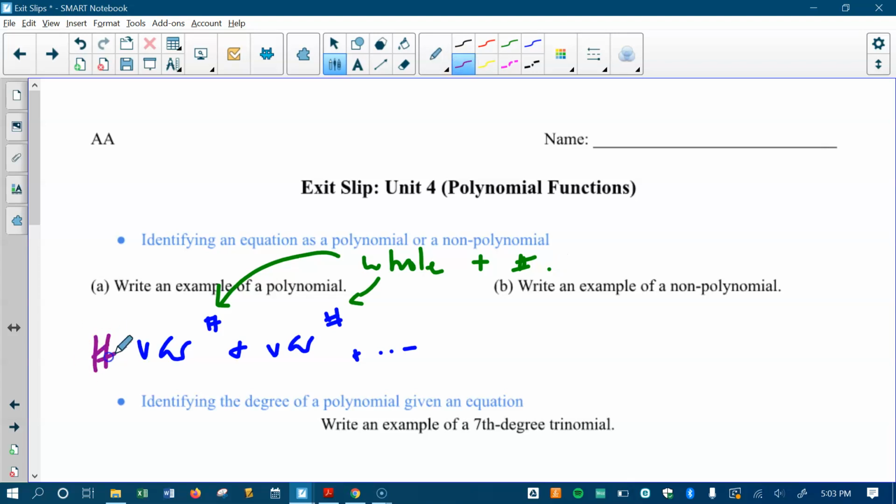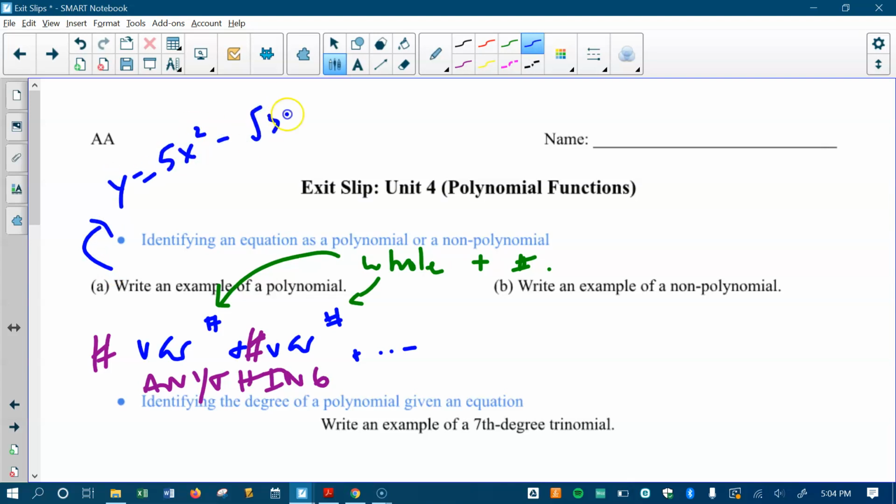You can have numbers in front of these variables if you want. Those numbers can be anything. And all this together makes a polynomial. So a variable to a number plus a variable to a number, and those numbers have to be nice. So here's what we have. y equals 5x squared minus root 3x plus 1 over 6 would all be fine.